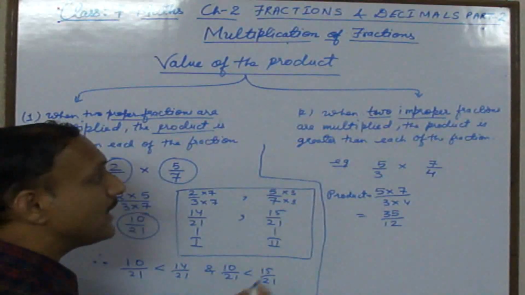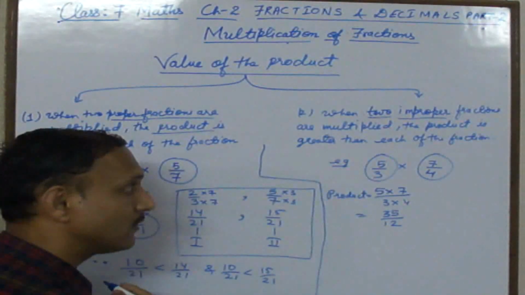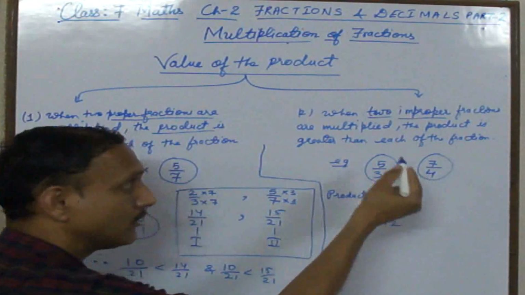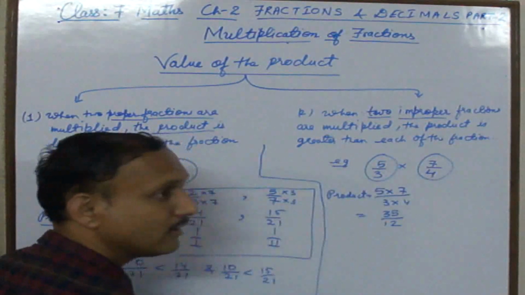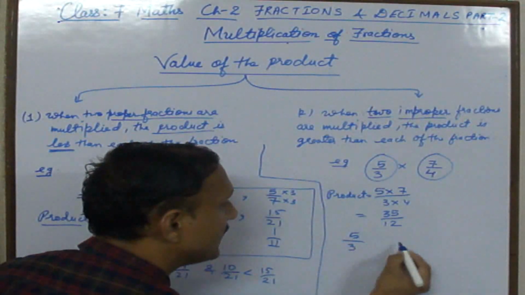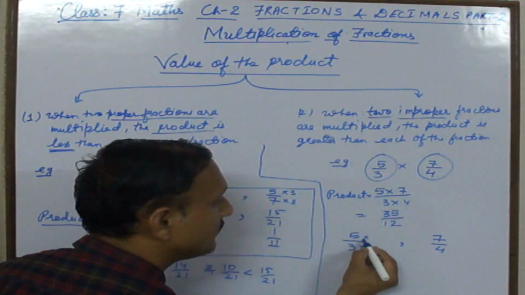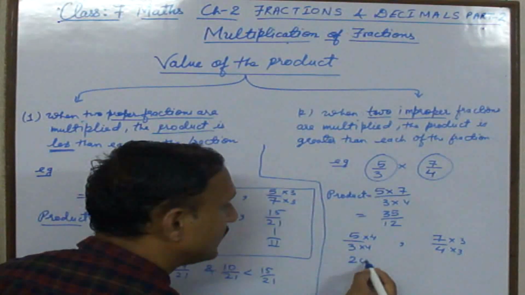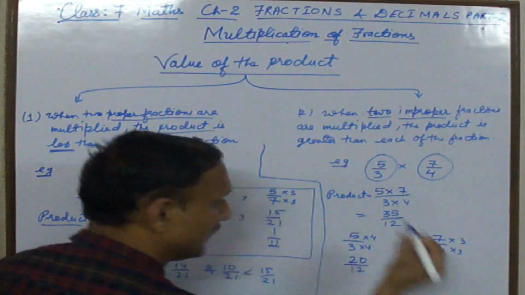Now let's compare with these fractions, 5 by 3 and 7 by 4, whether this product is greater than both of them or not. So let's check. Again we have to make equivalent fractions with the same denominator. So let's convert 5 by 3 and 7 by 4. 3 4s are 12, 4 3s are 12. 5 4s are 20, 20 by 12. 7 3s are 21, 21 by 12.